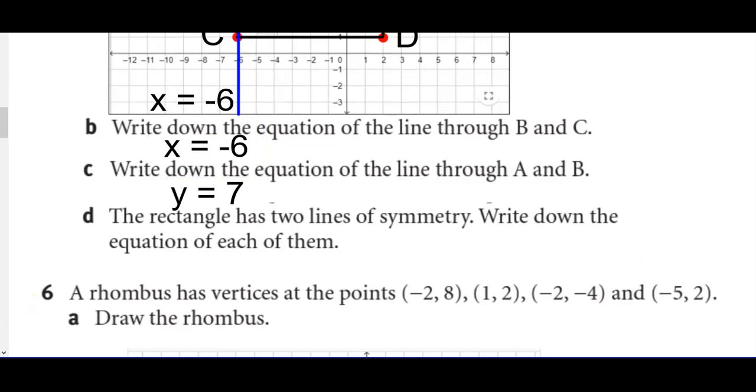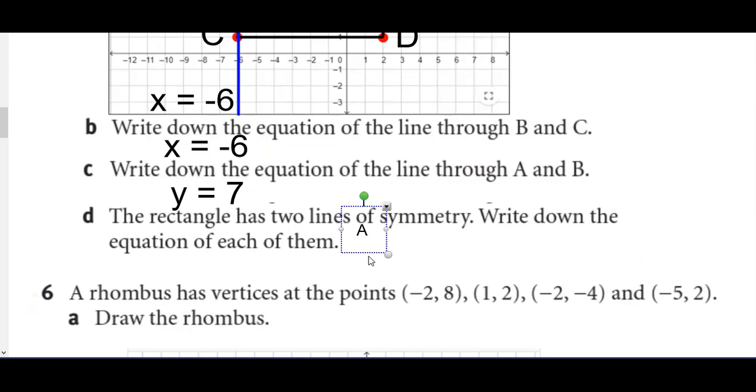Possibly I should start by explaining what a line of symmetry means. We say a line of symmetry is a line that cuts the shape into 2 equal halves.